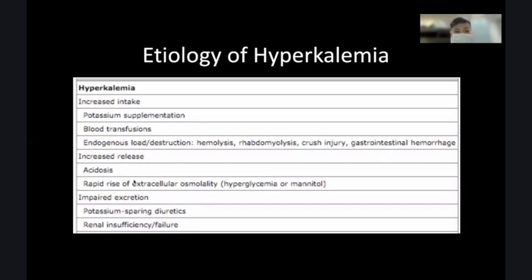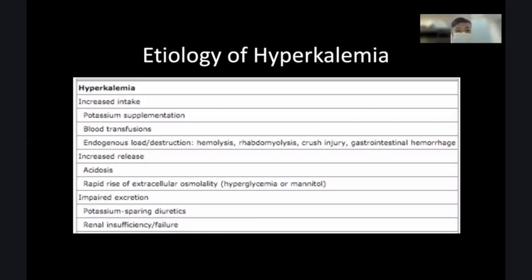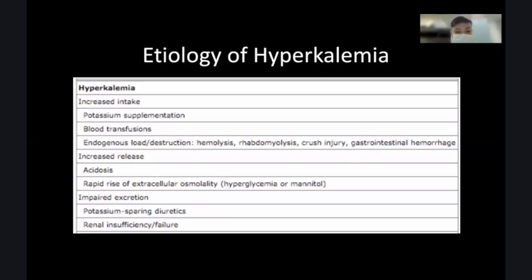Release from the intracellular compartment: if you have acidosis, there would be a shift. Potassium will go out towards your extracellular compartment. Impaired excretion: potassium-sparing diuretics or renal insufficiency, wherein you cannot absorb sodium. Normally, sodium in, potassium out.